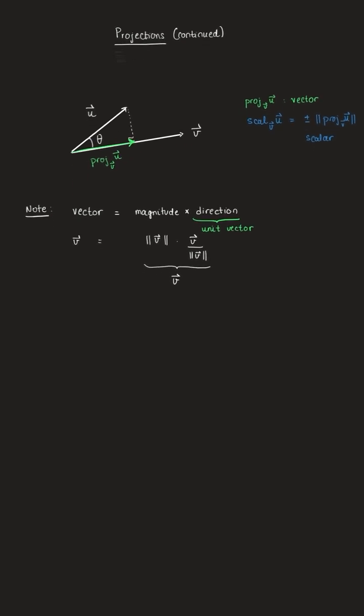So if we look at our diagram up here, we can find the length of this vector by using a trigonometric definition, right? We can see that the cosine of theta is going to be the scalar projection, which is the side adjacent, that's a real number, the scalar projection of u onto v, divided by the magnitude of u, which is the hypotenuse.